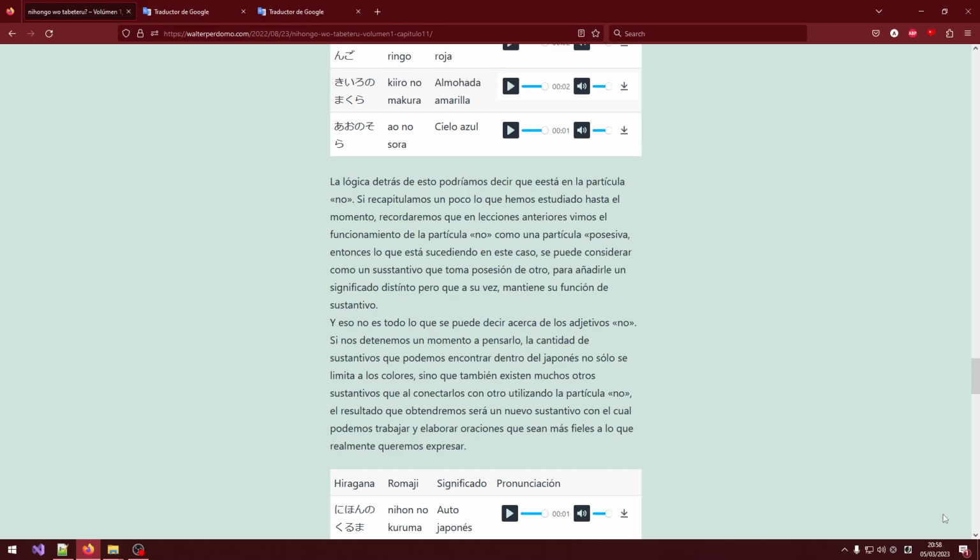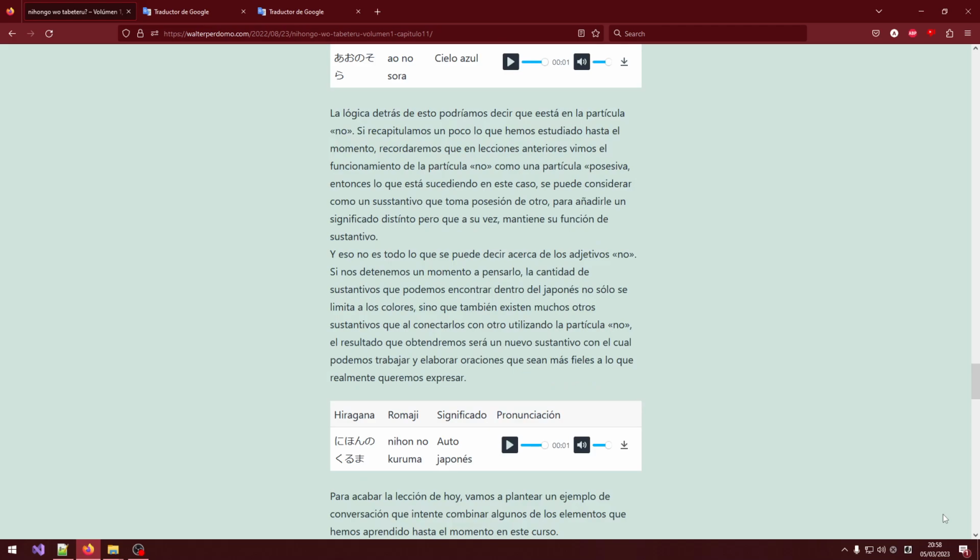Let's take a look. Okay, I have an example here. Like I said before, Nihon and kuruma are two nouns, and when we combine them using the particle no, we obtain a brand new noun.